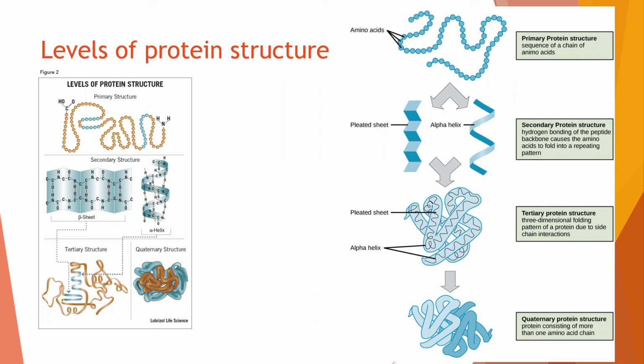Go to the presentation and read and listen once more to what are primary, secondary, tertiary, quaternary structures, which bonds are used to stabilize them, what meaning has each level of this structure. Only after recalling this information, you can say that you know everything what you should know about translation and its product, a protein.